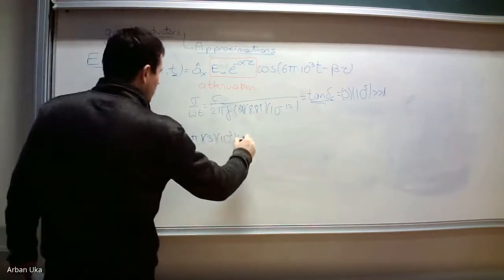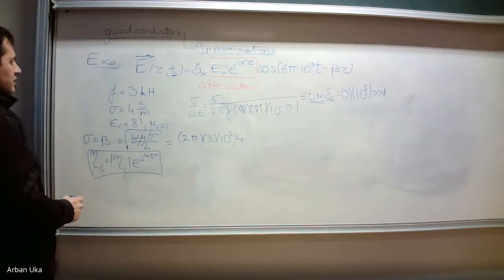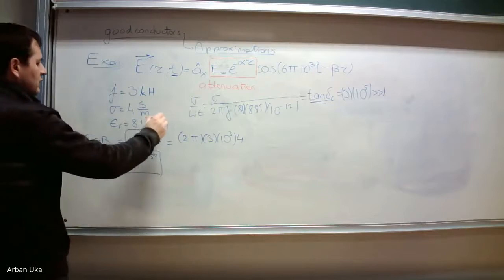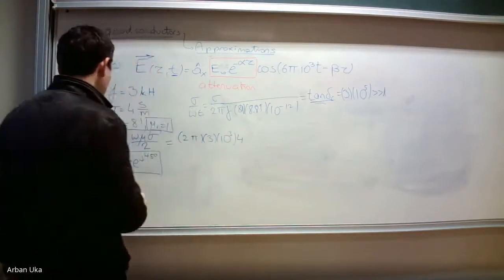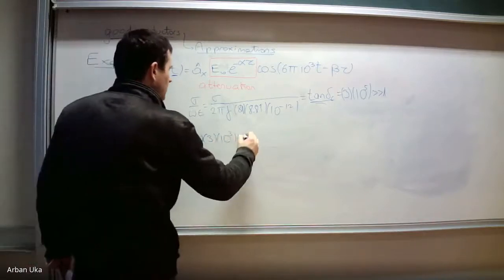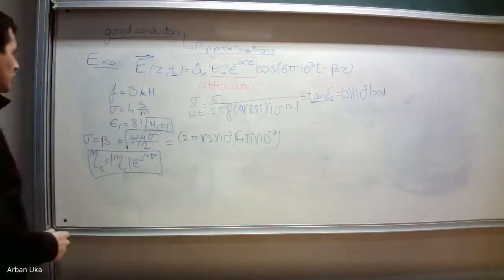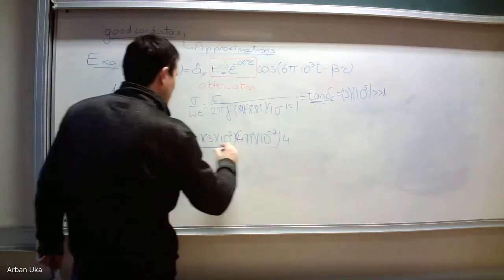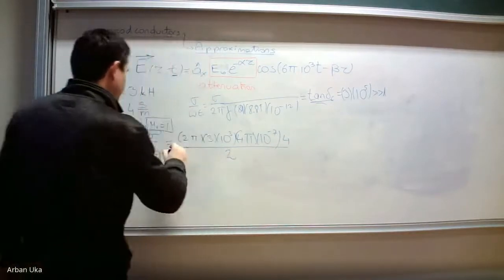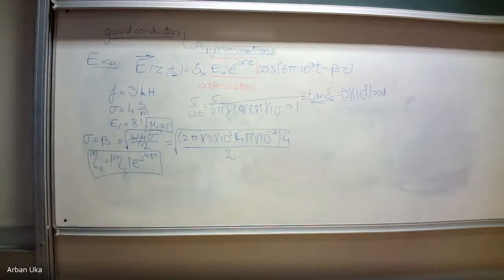Mu in this case is equal to mu 0, because mu r is equal to 1, so we have a non-magnetic material. This is 4 pi times 10 to the power minus 7, this is the mu, times sigma, which is 4, divided by 2. And then, as a result, let me see, is this all right?